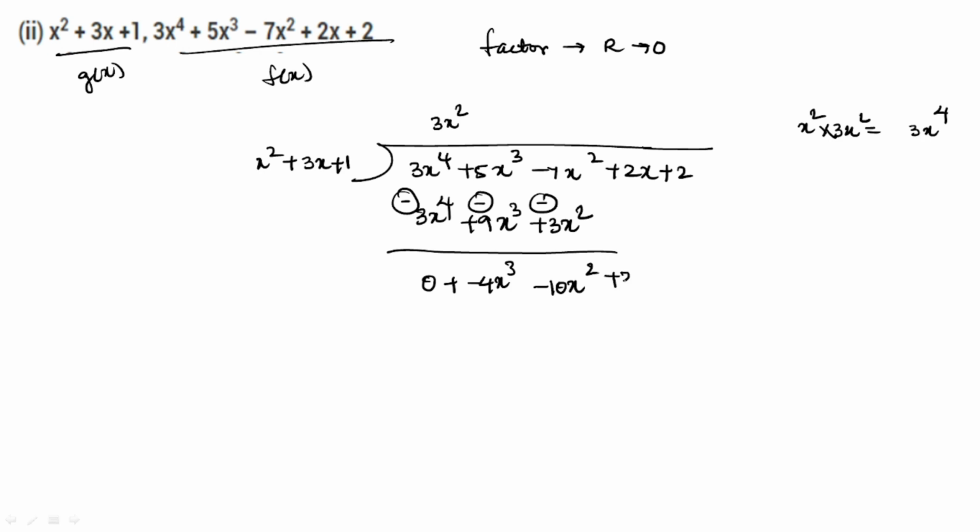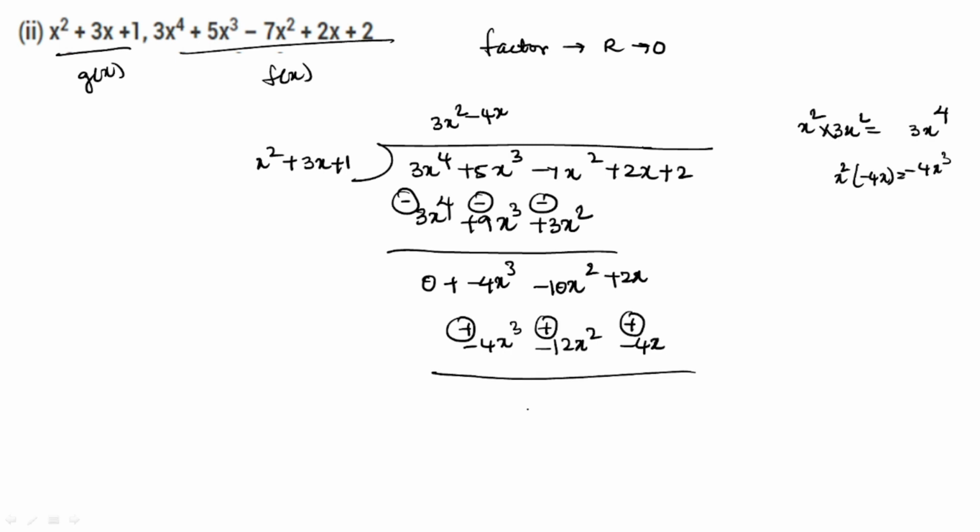You bring down the next term, that is 2x. Now it is minus 4x cube here, it is x square here. So you have to multiply it minus 4x. So minus 4x, now minus 4x cube minus 12x square minus 4x.